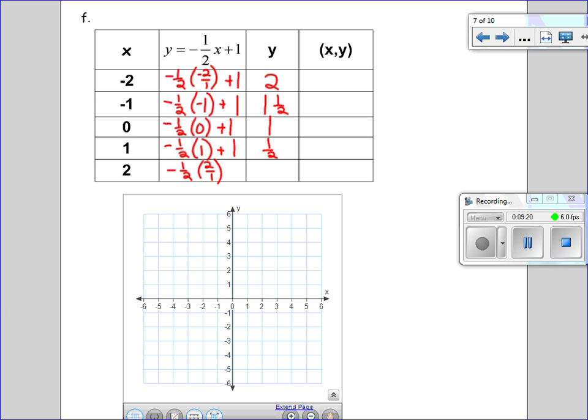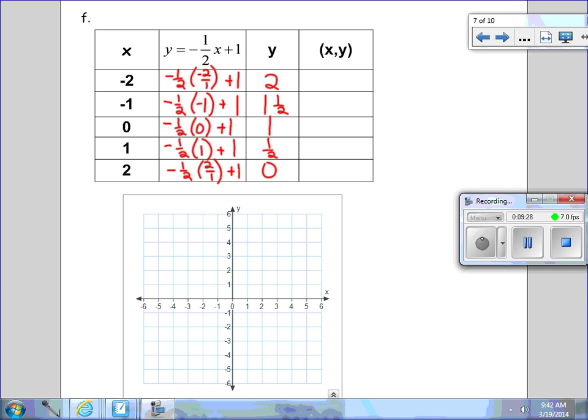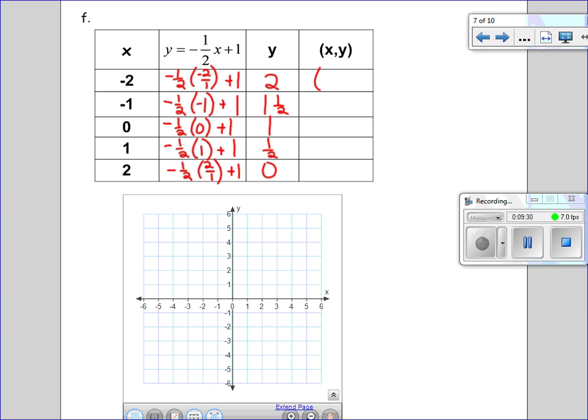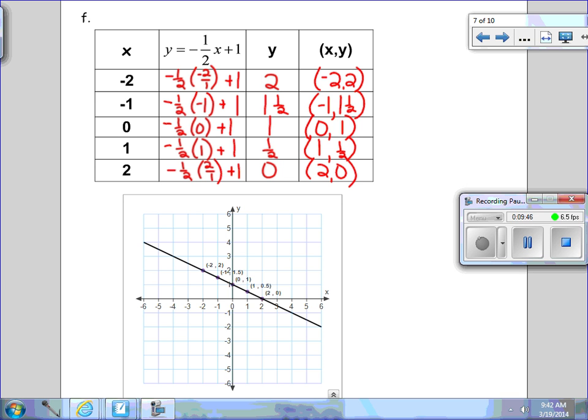So it's going to equal 1, but it's going to be a -1 plus 1 will equal 0. Now I'm going to write down each of the ordered pairs. Again, check your graph. Make sure you plotted each one correctly. And this is also a linear function.